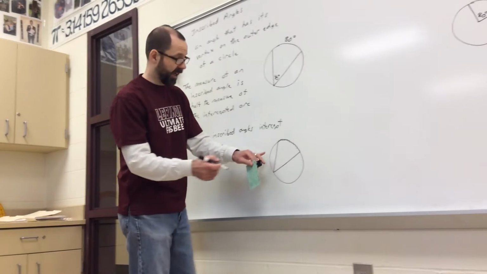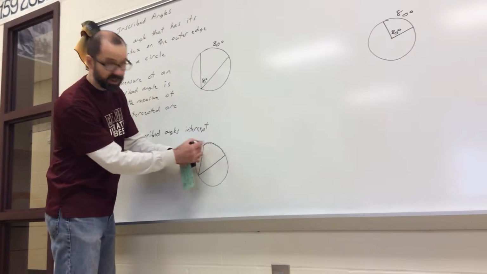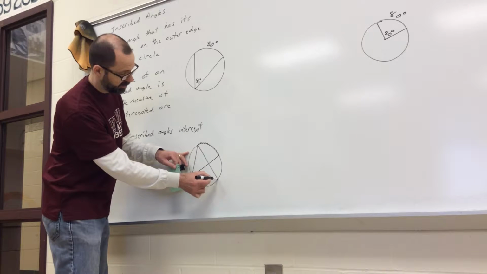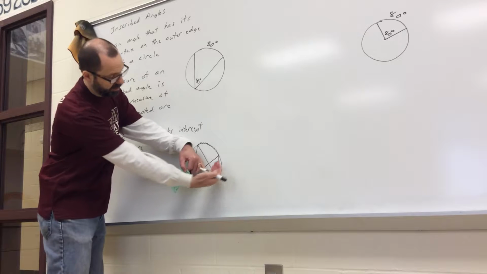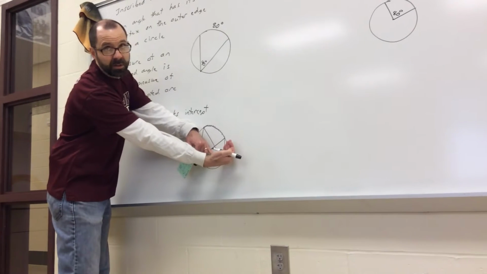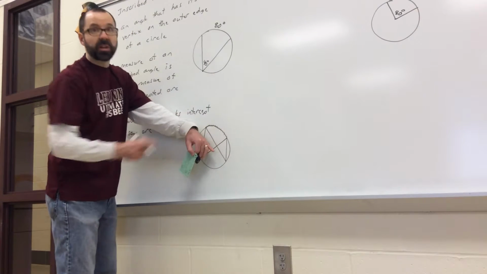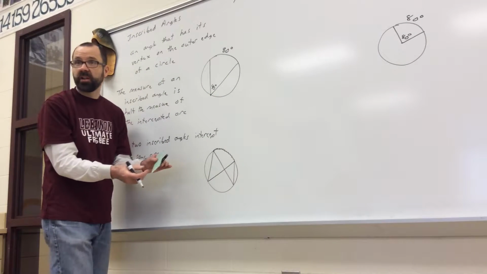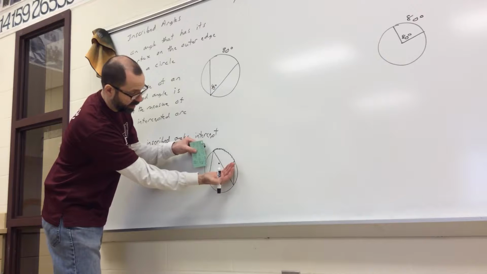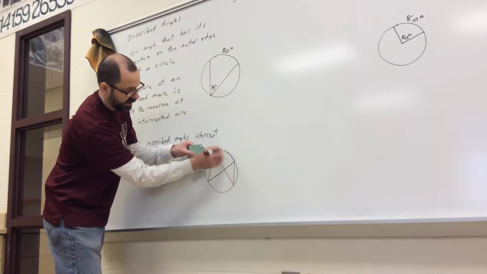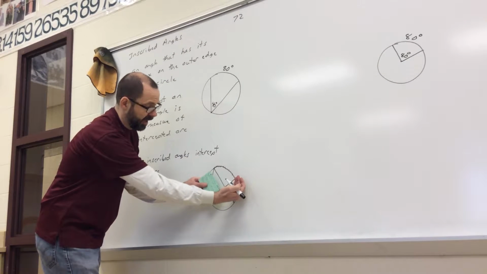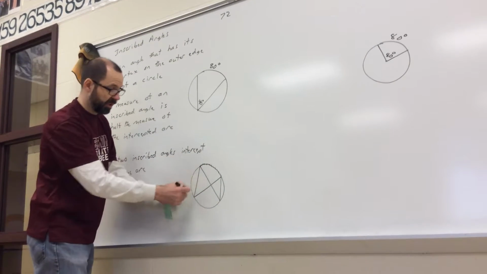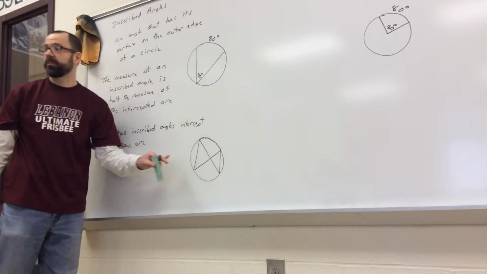So we need to draw another angle that intercepts that arc. So I'm going to come off in this direction. So there's the second angle that hits that arc. There's a lot of lines going every which way now, so it's kind of hard to see what's going on. So we have two inscribed angles intercepting the same arc.